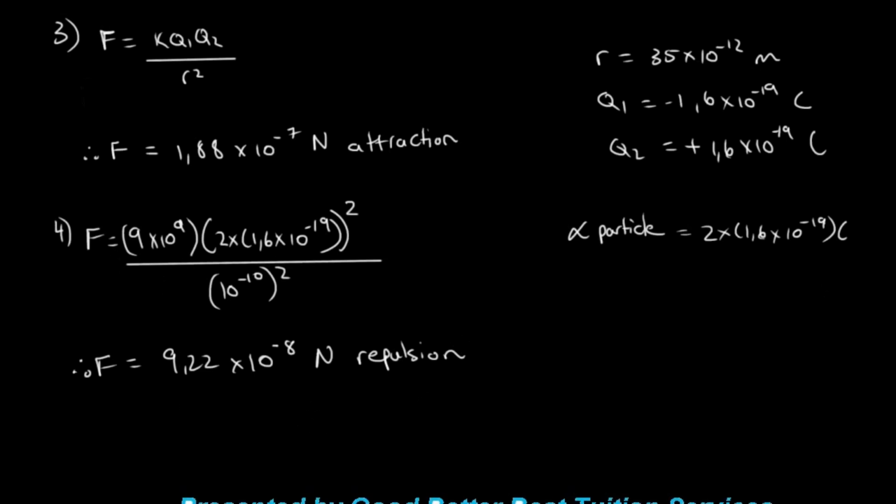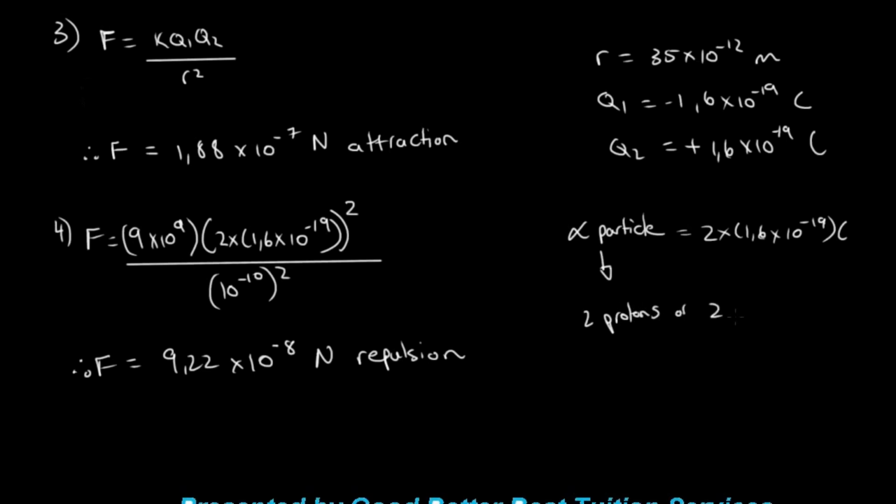JP? What's up? Could you just explain what's the alpha particle again? Is it 2 times the charge on an electron or proton? It's 2 times the charge of that. Which means an alpha particle basically consists of 2 protons, right?